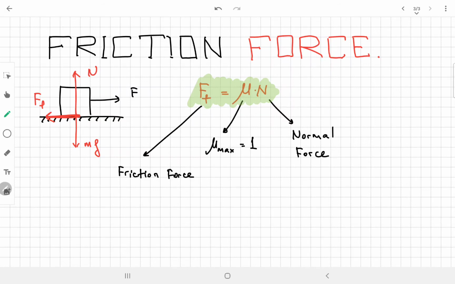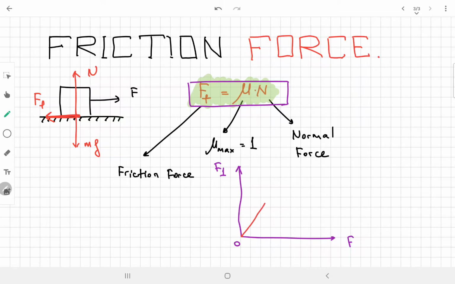So we can explain it in terms of a graph, for example. Let me draw this kind of graph. This is the friction force. This is the force that we apply. This is 0. Friction force will be 0 if you don't apply any force. And the friction force increases when you increase the force that you apply on it.